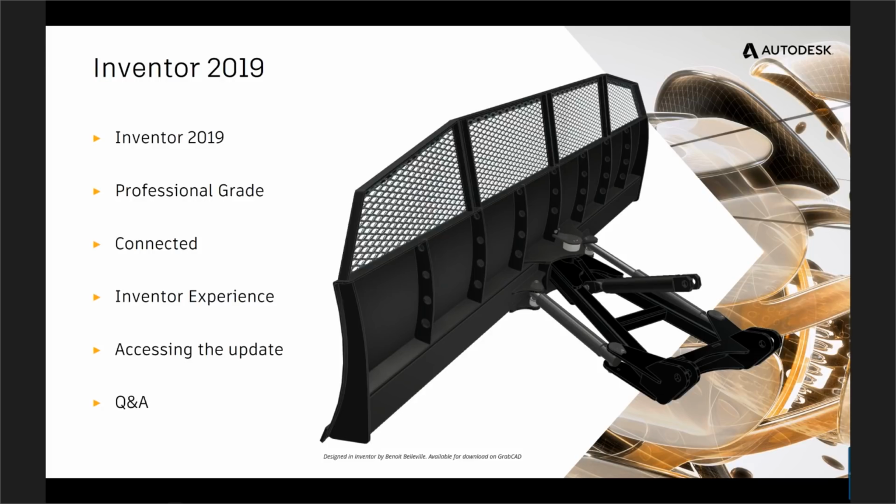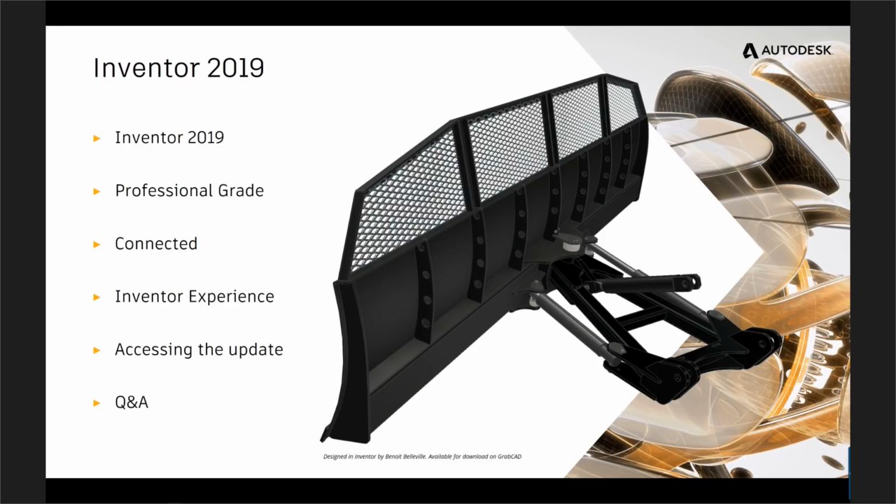We're also talking about connected workflows and how Inventor can connect to the Autodesk Cloud platform and bring value to our customers beyond the desktop. And then overall, the Inventor experience, whether that's feedback directly from customers through the ideas page or customer engagement, or how we're refreshing commands and enhancing things inside of Inventor to have a delightful experience as you're using the tool. Then we'll talk about how to get the update and handle any Q&A.